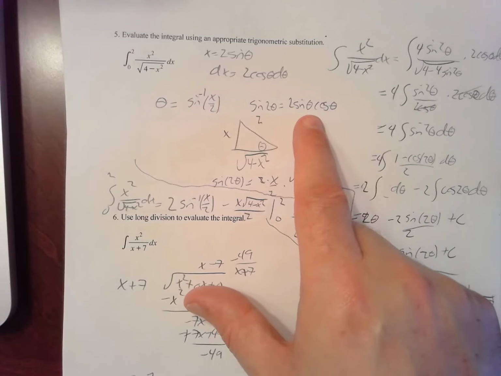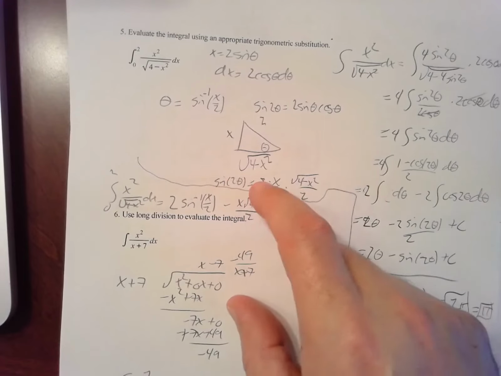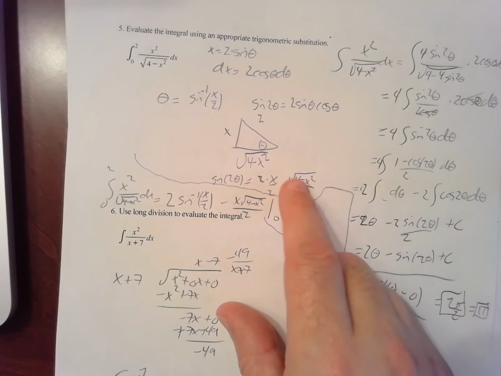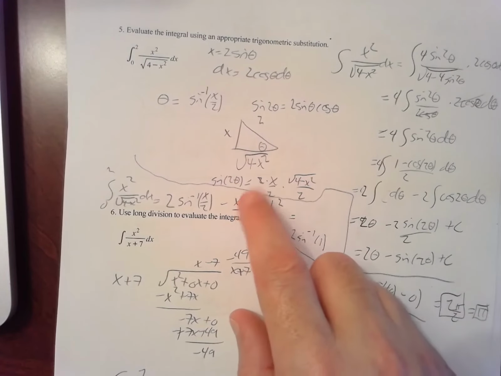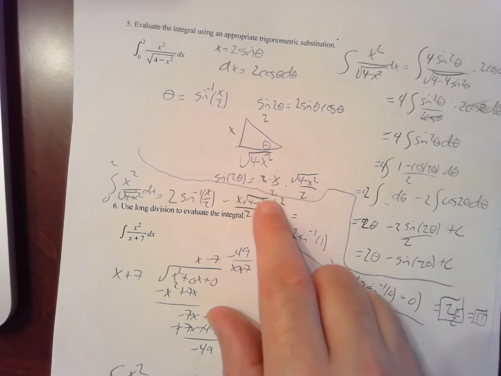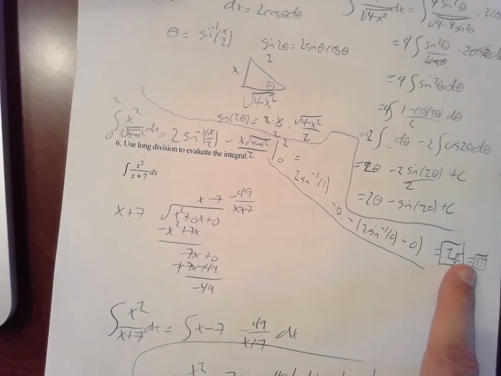Sine of 2 theta is twice sine theta cosine theta. So I had to do a little algebra here. There's sine of theta, x over 2. Here's cosine theta from the triangle. 2 sine theta cosine theta. So I got this extra 2 that I had to cancel out. And then plug in. Here's our final answer. We get pi. That's our answer.